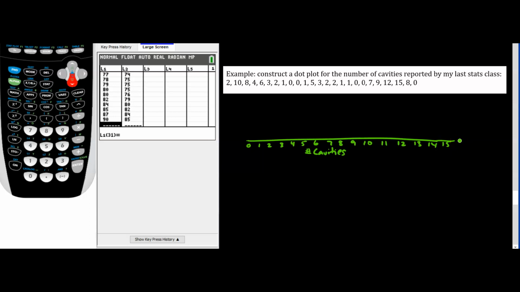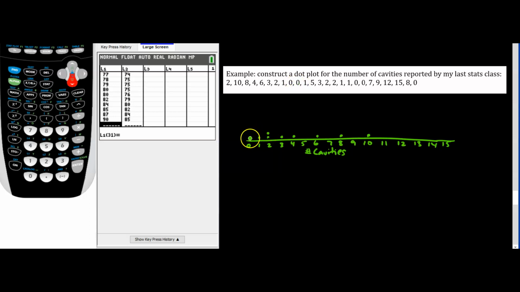And every time I see a number in this list, I'm just going to put a dot above the number that I have on my single axis. So I go to the number 2, I put a dot. I go to 10, put a dot. 8, 4, 6, 3, another 2. So I'm putting another dot in that 2 column. And then 1.